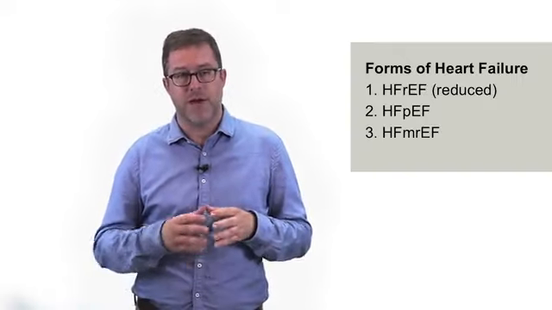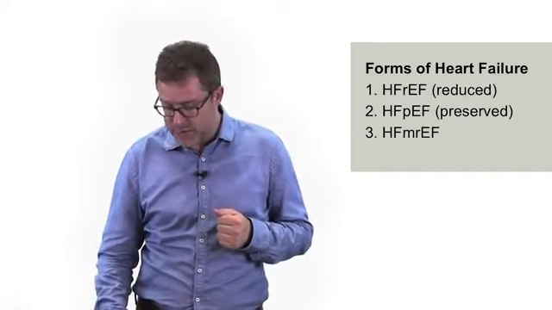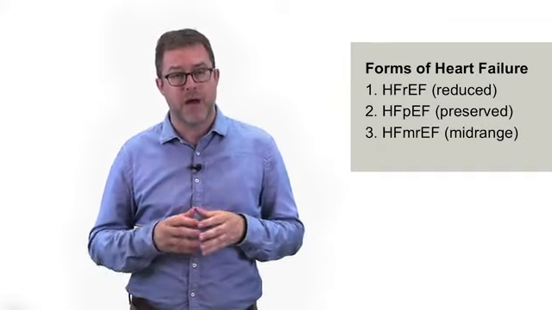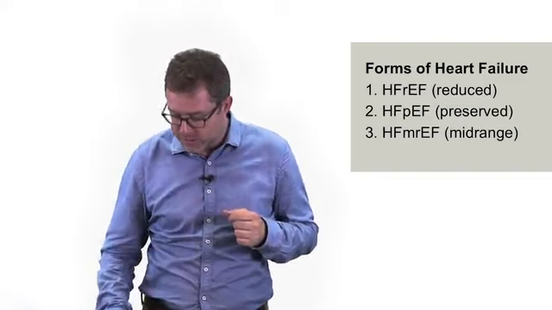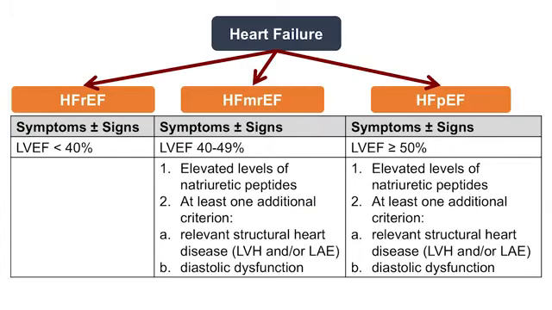We also have HFpEF, meaning heart failure with preserved ejection fraction, and HFmrEF, heart failure with mid-range ejection fraction. So how are these defined? You can find that in this image. We have HFrEF: symptoms and signs of heart failure, and reduced ejection fraction. That's enough to diagnose HFrEF.